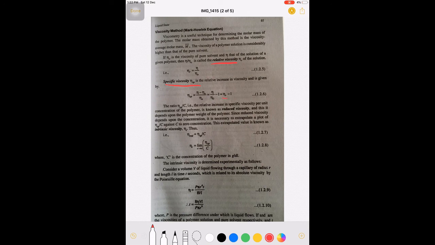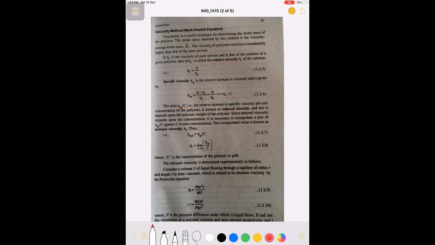So the specific viscosity is equal to eta r minus 1. The ratio eta specific divided by concentration is the relative increase in specific viscosity per unit concentration. So the increase in specific viscosity per unit concentration of the polymer is known as the reduced viscosity.